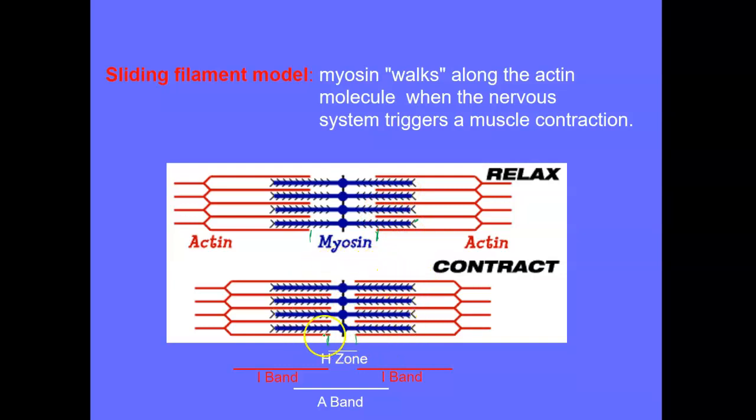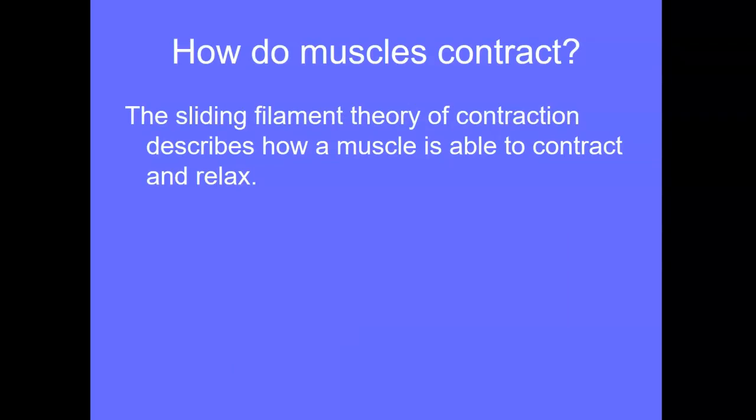The A band is thicker because you have more actin and myosin crossed over each other at the end of the contraction. And the I bands come closer together, right? Because the I bands started out here, and by the end of the contraction, they move inwards. So this is how the sliding filament theory of contraction works. Now I'm going to show you this in a series of pictures with steps. Again, I'm going to post a video for you to watch this.